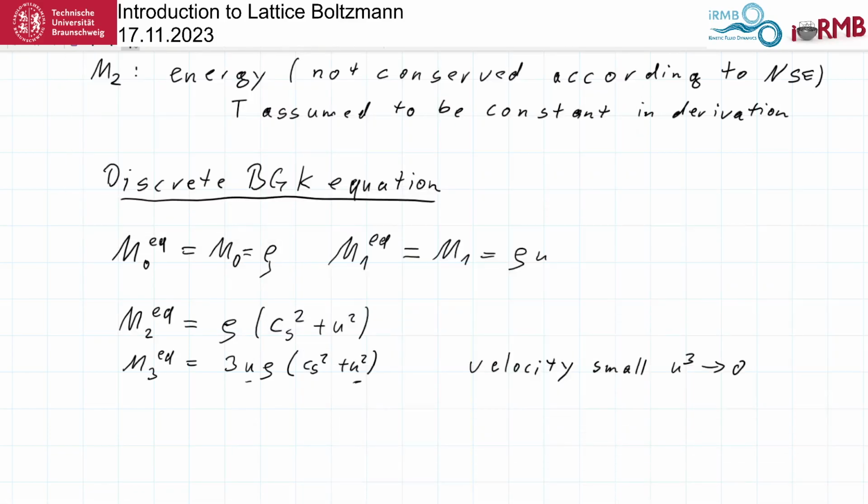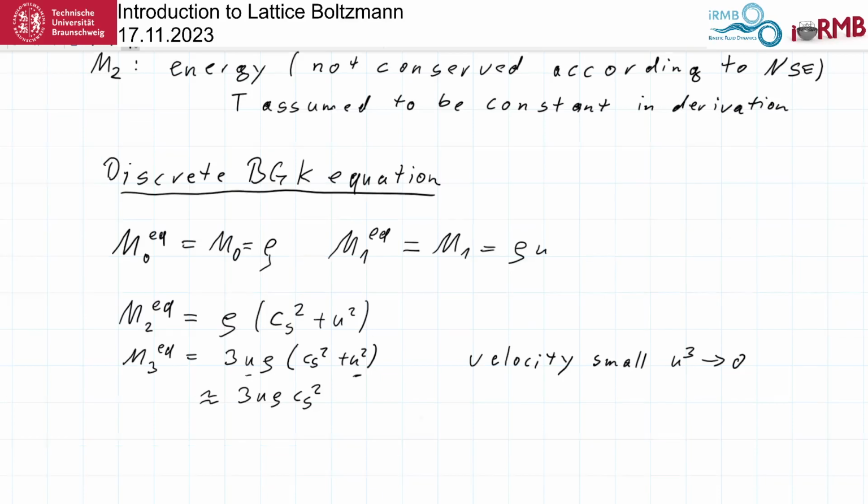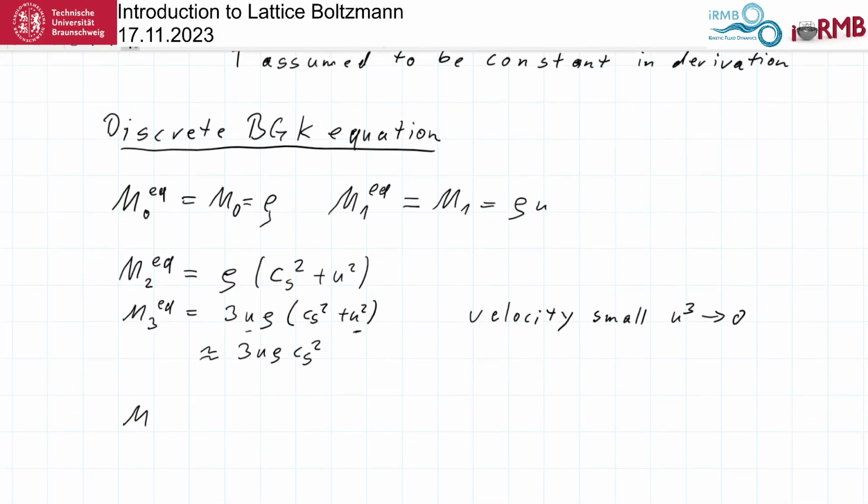And this would simplify this to 3u rho cs squared. And now we have this problem, M3 equals M1. In principle, I should multiply here. If you like, you can write this, but we've already decided to leave this out.